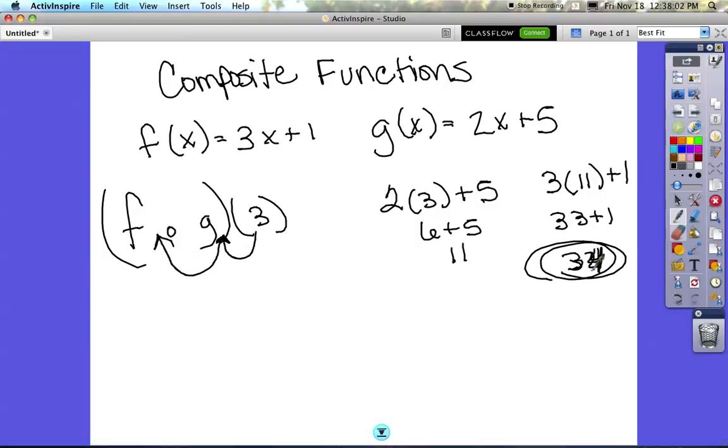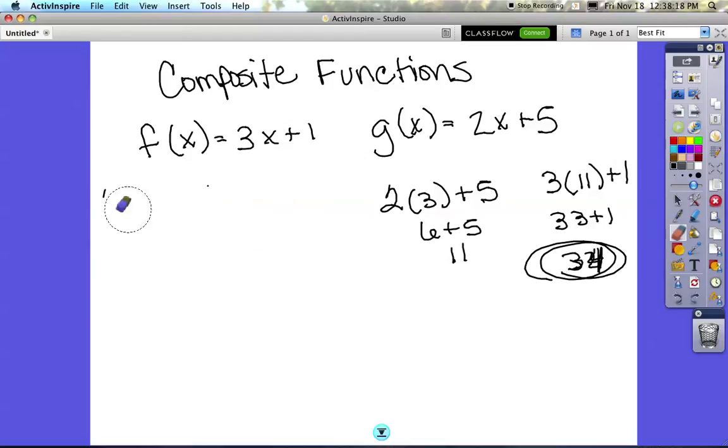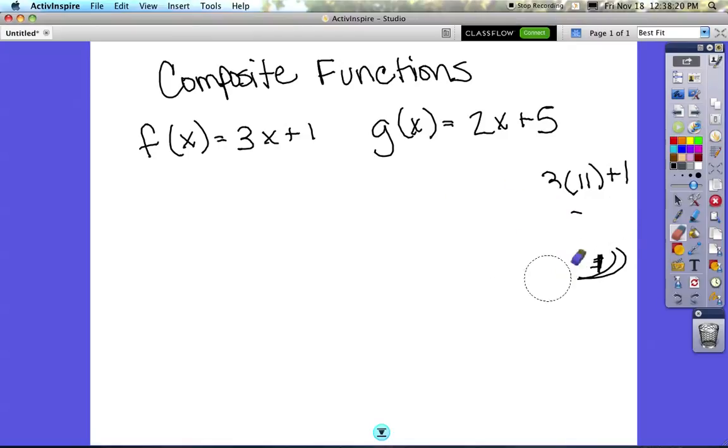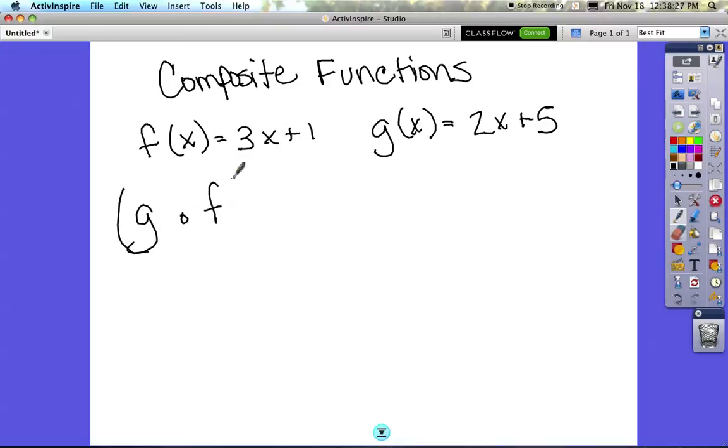And that's it. You have done a composite function. Okay, we're going to keep the same g and the same f. Now we're going to do g of f of -1.